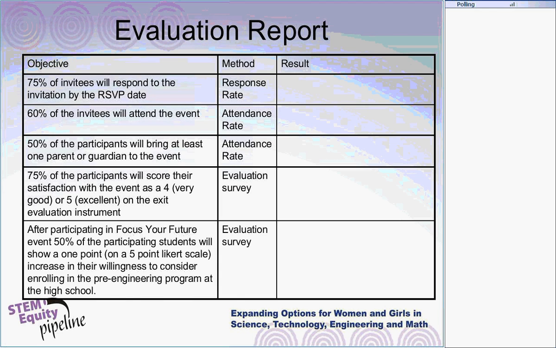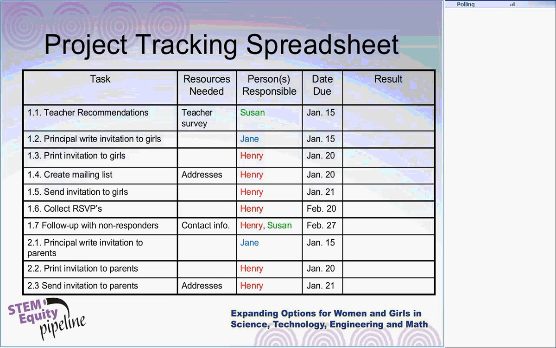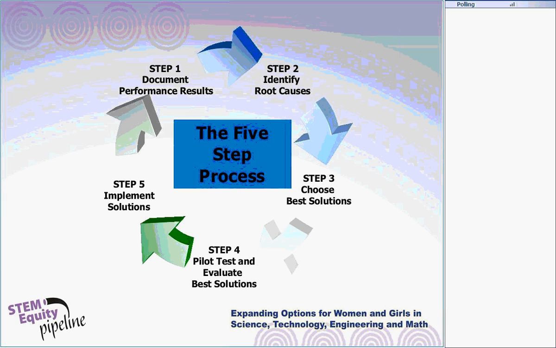But the funny thing about that is it sort of feeds us right back into the 5-step process. And what happens is it moves us right into step one. We're now back at the point where we're going to document performance results and take a look at whether or not our intervention actually created the change that we wanted. And if it did, the good news is you can just keep cycling back to step 5, step 1 to step 5, without doing the others.